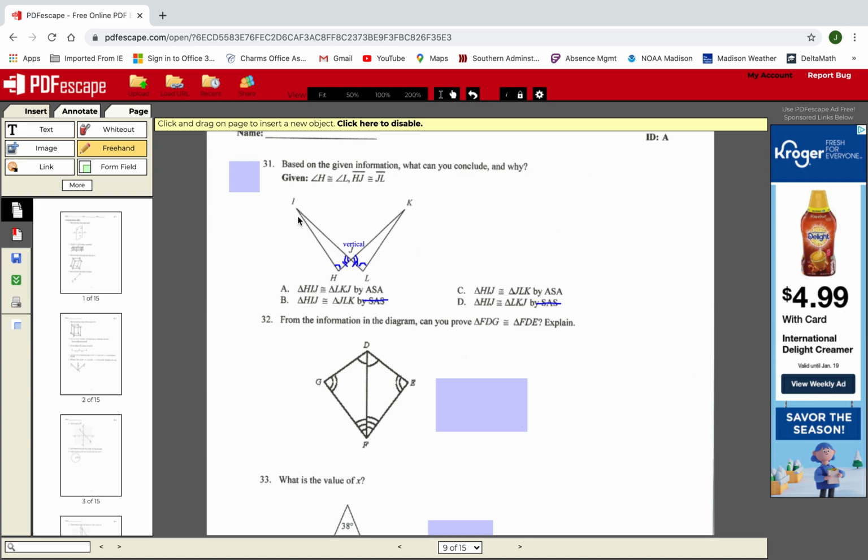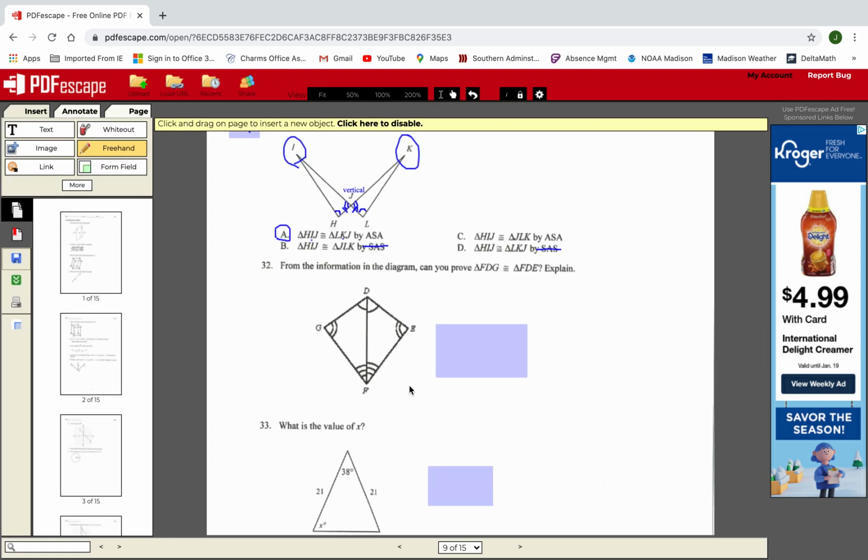Well, I is this really skinny angle that's not marked out here, and it corresponds to K. So we want to choose the one that has I and K in the same position. I is in the middle in HIJ, and K is in the middle in LKJ, sorry. So I and K are both in the middle position in answer A. So answer A is the one. Probably won't be A on the actual exam. Make sure you understand why it's A. Okay.